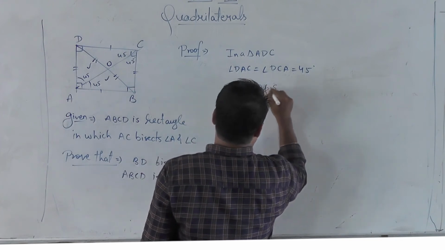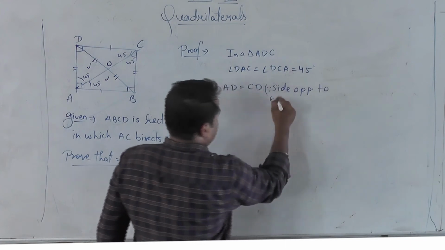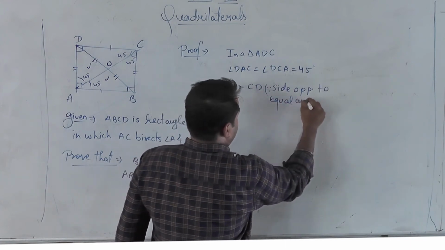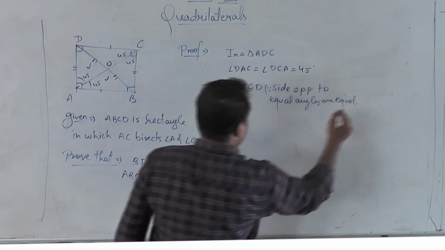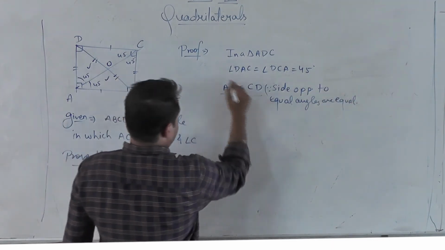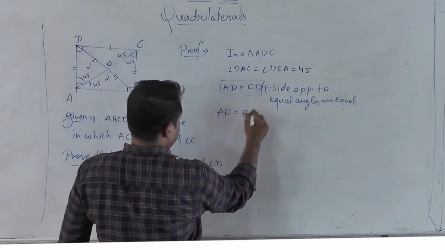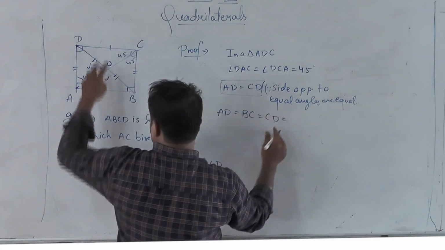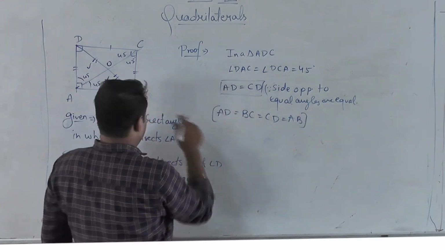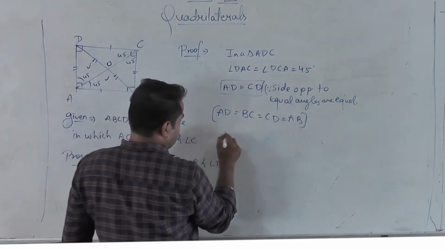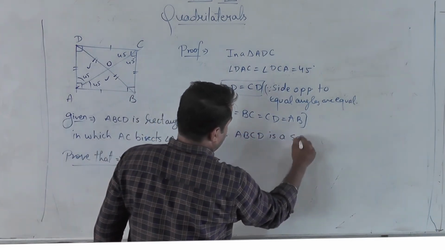Why? Because sides opposite to equal angles are equal. So we can say that AD is equal to BC and CD is equal to AB, so all four sides are equal and all angles are 90. Therefore we can say that ABCD is a square.